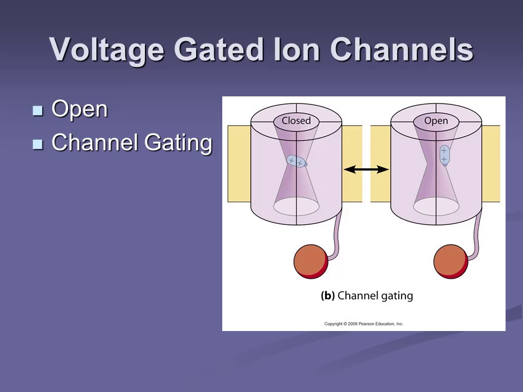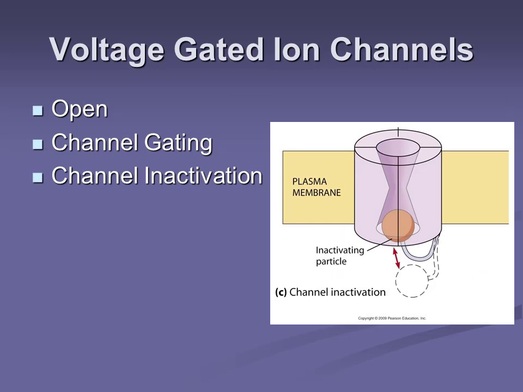Now, you see this illustration here has this little ball down on the end of it. That's to illustrate another part of the receptor that can cause an inactivation, or plugging up the hole in a different way. Here, they don't show the gate, but the gate would be open still. And this ball swings up, blocks the passage, so nothing's going to get through.